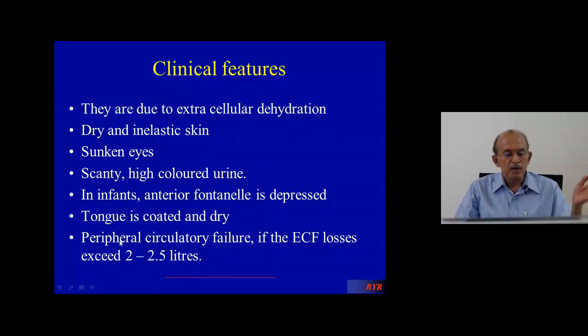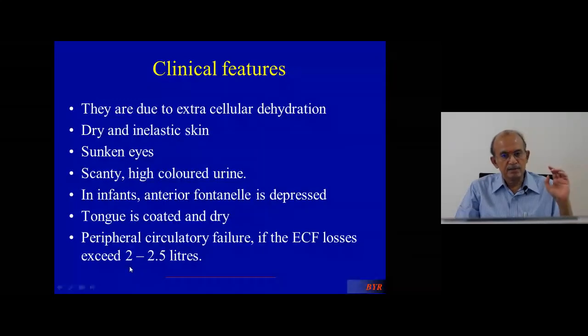That means if there is 2 liters loss, there will be roughly about 500 to 750 ml of volume deficit in intravascular volume. So we have seen whenever there is deficit of about 750 ml, there will be the overt compensated shock. So patient exhibits this overt compensated shock.